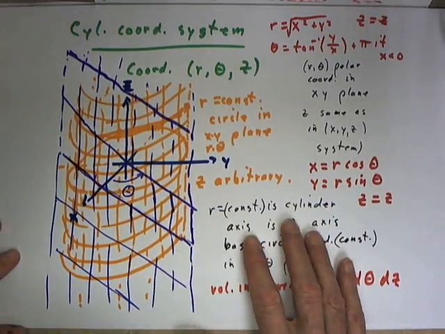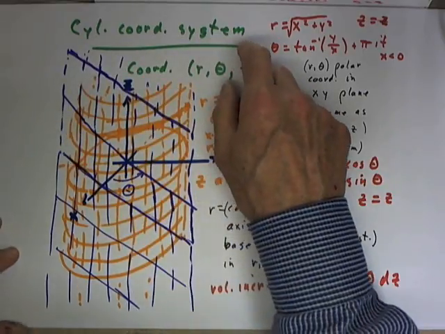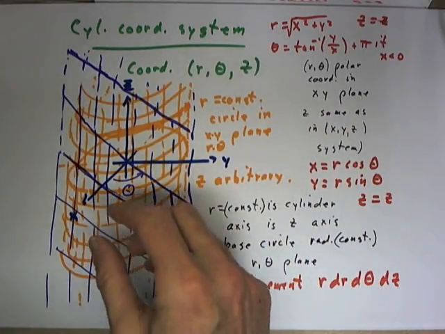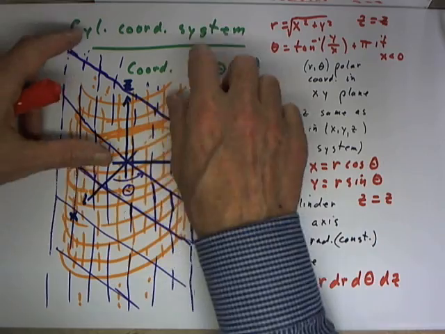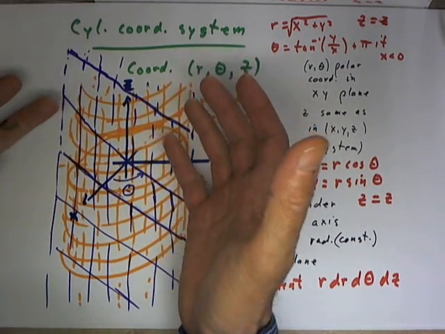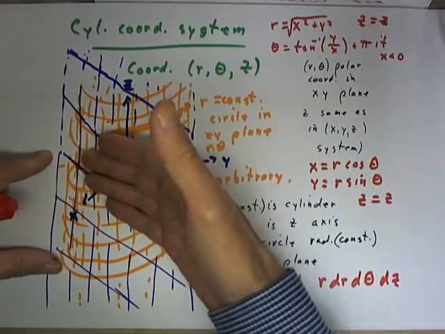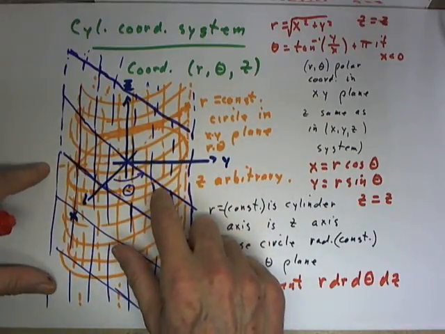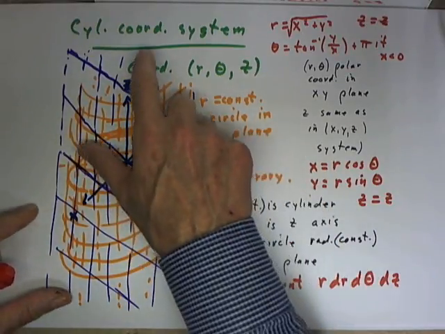One advantage to the cylindrical coordinate system is that it naturally represents cylindrical objects, or cylindrical objects intersected with planes parallel to their axis, and much more.